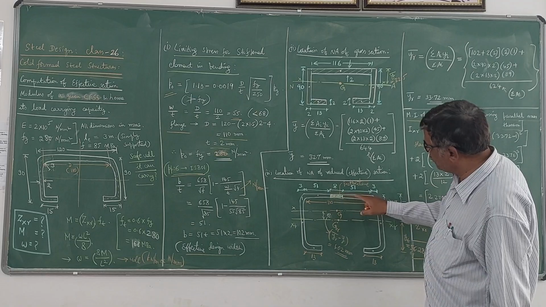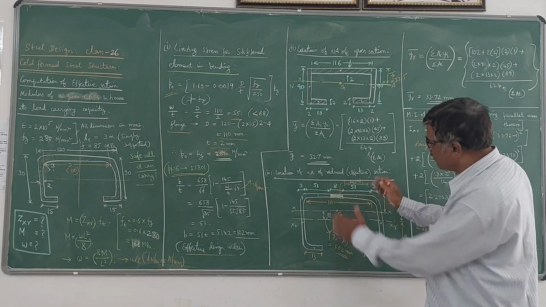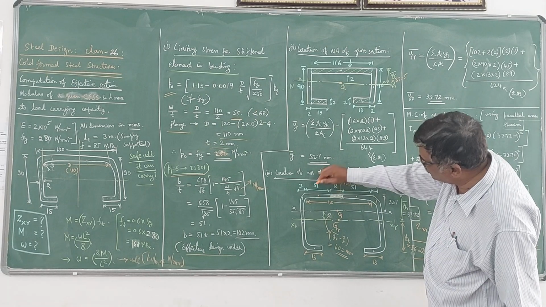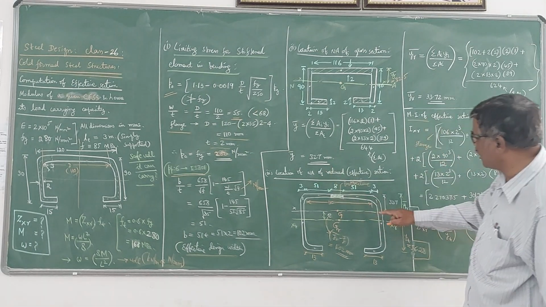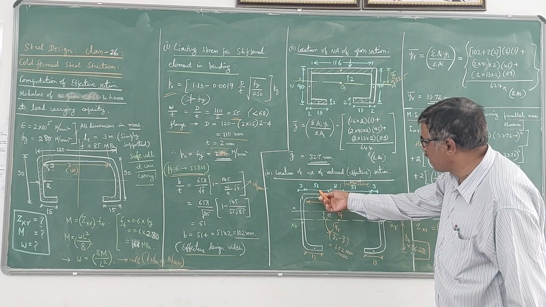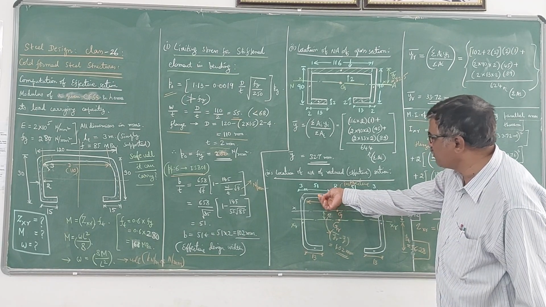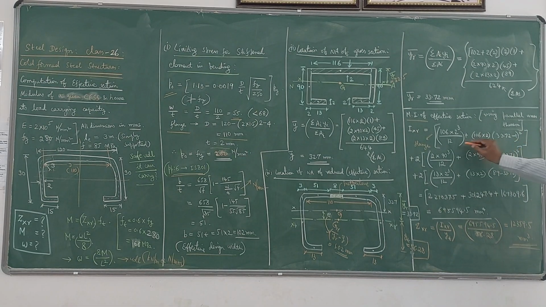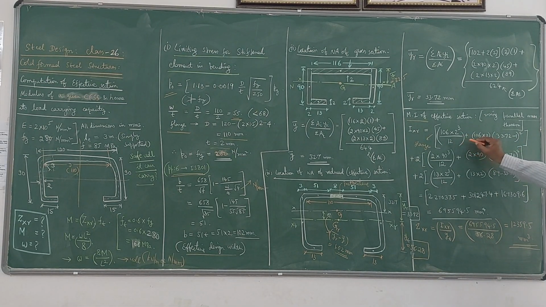of these two rectangles, or you can merge them as one rectangle. This distance between the centroid of this and this becomes 33.72 minus 1 mm, because this is 2 mm thick. So this centroid will be at the midline. Therefore minus 1, squared. So this is the parallel axis theorem, BD cube by 12 plus A into Y1 square.